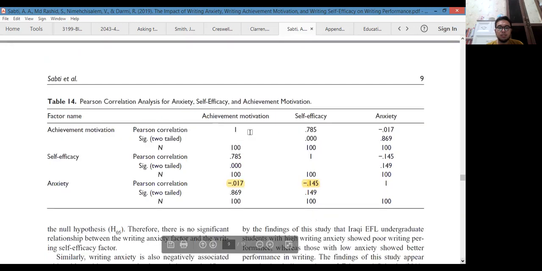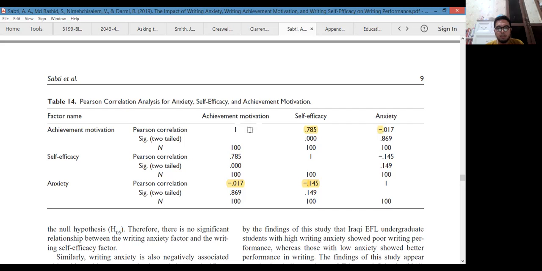So they use a matrix here, in the form of a matrix, not in the form of a scatter plot. Here the factors are achievement motivation and so on. Achievement with self-efficacy shows positive, and achievement with anxiety shows negative.